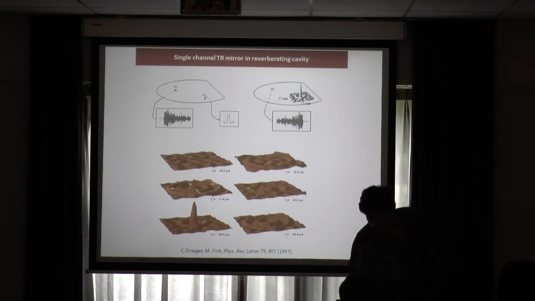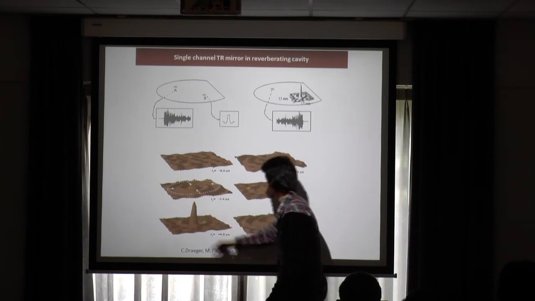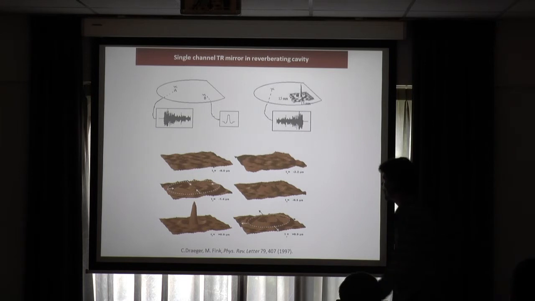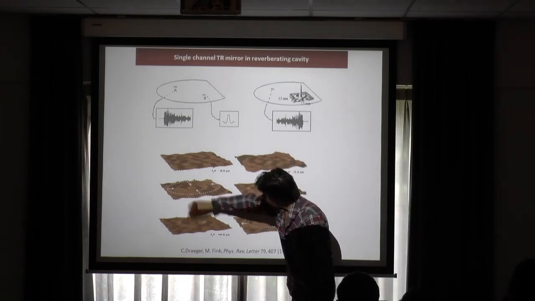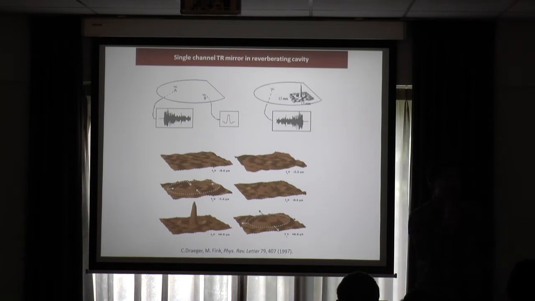So we have the converging wave here, the spatial-temporal collapse there, and the diverging wave there. What is important in the following is that the size of this focus spot is limited by the diffraction law, and it has the size of half a wavelength.